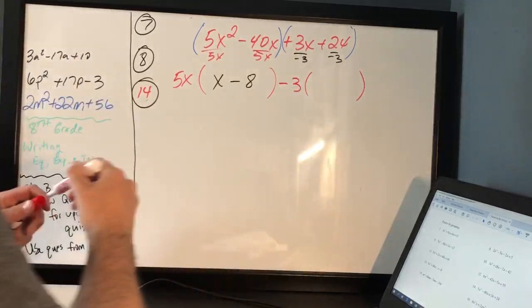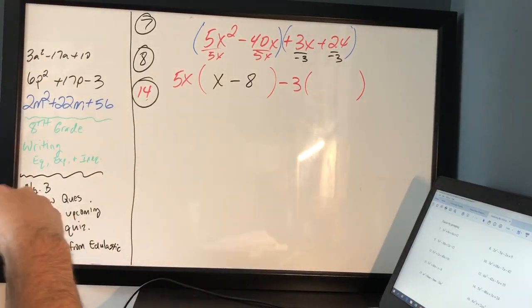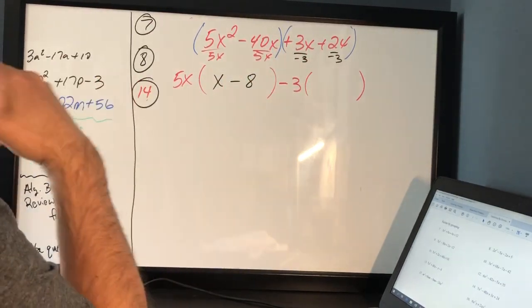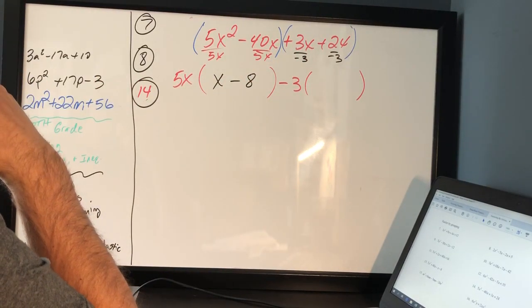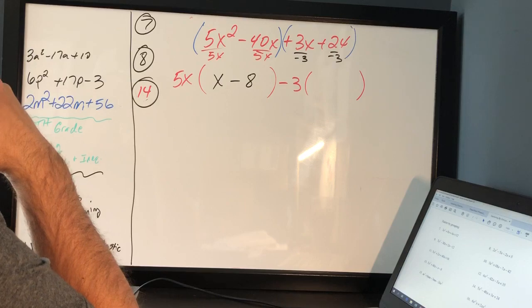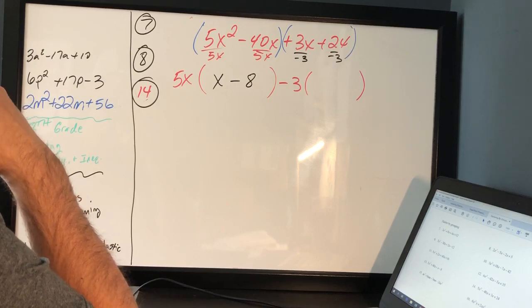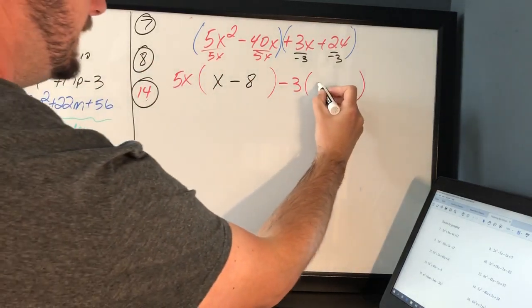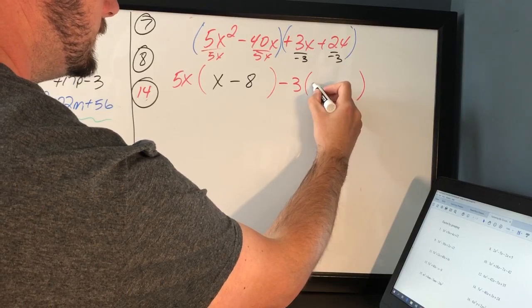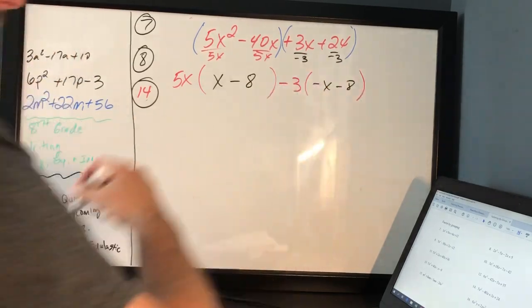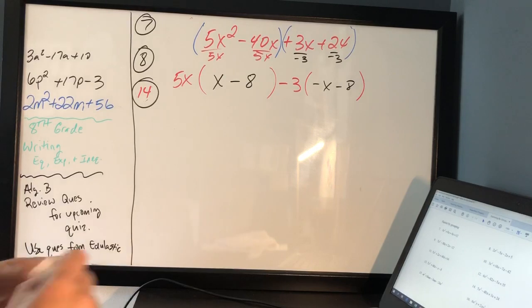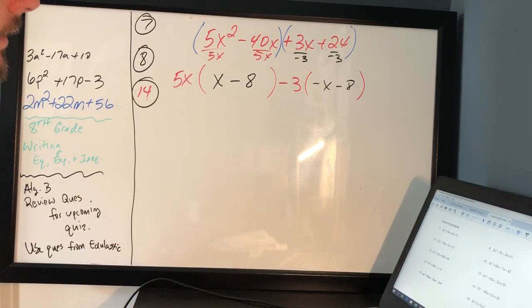And when we do that, negative 3 divided by this gives us negative x minus 8. Okay, did we get anything for that? Does that work?